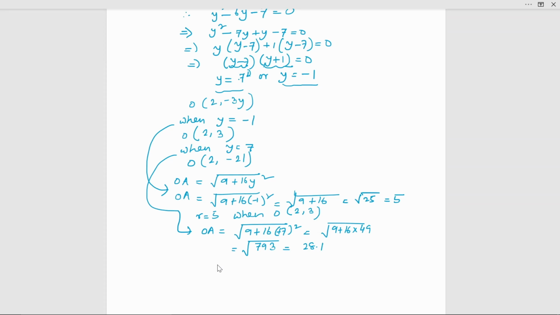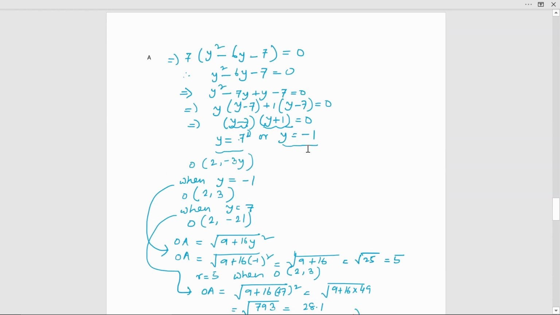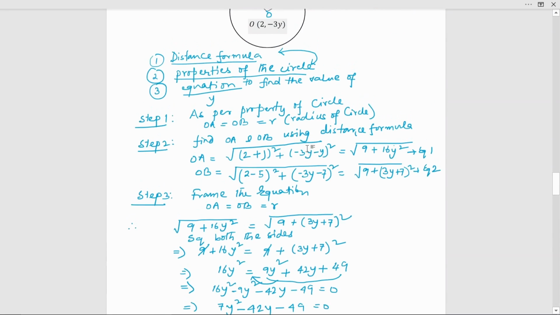So the radius becomes equal to 28.1 when my center is 2 and minus 21. So this simplifies the problem of finding the radius as well as the center of the circle, given the conditions that two other points lie on the circumference of the circle.